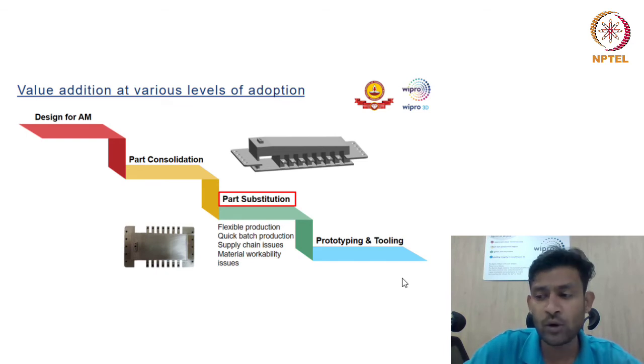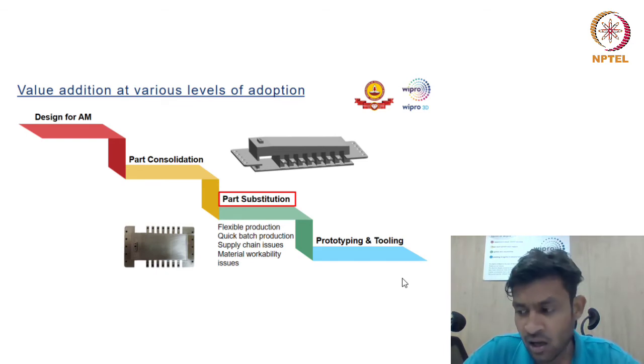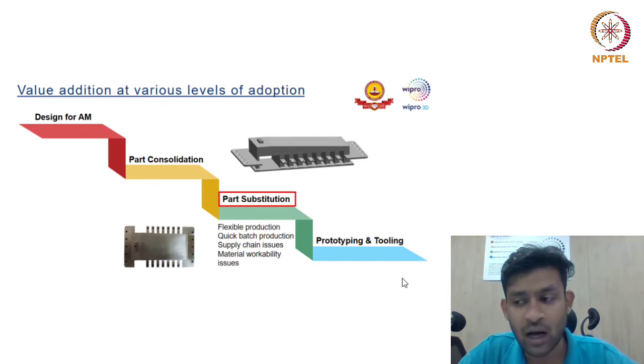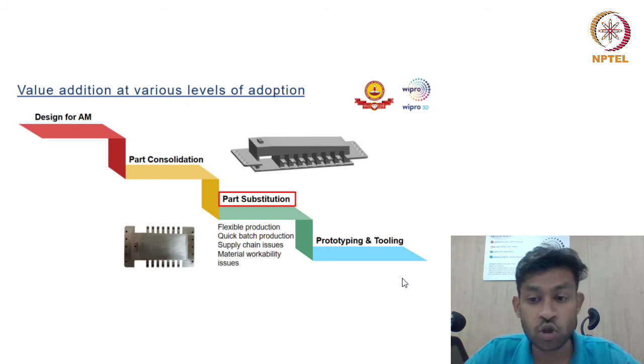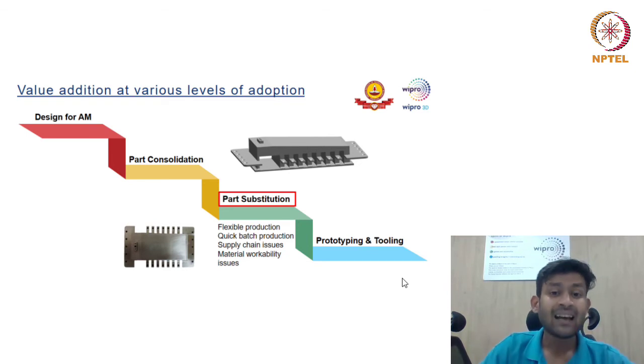Hence, I'm also able to achieve a higher fly to buy ratio when compared to any other manufacturing process in AM. Also, my material can be saved if I'm dealing with expensive material, say titanium. Then I have the motivation of directly adopting the manufacturing process of AM.